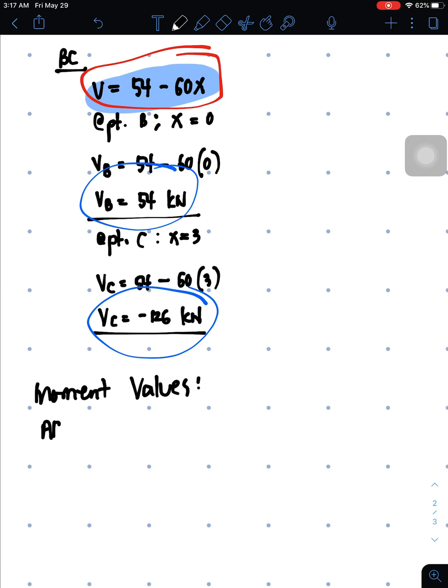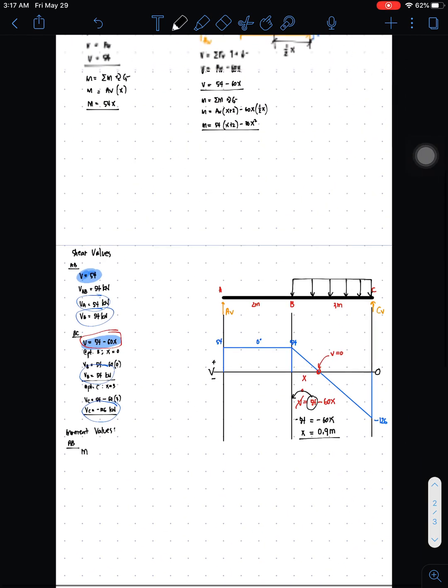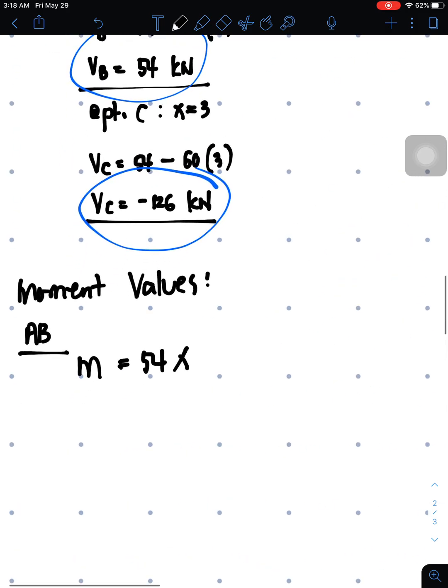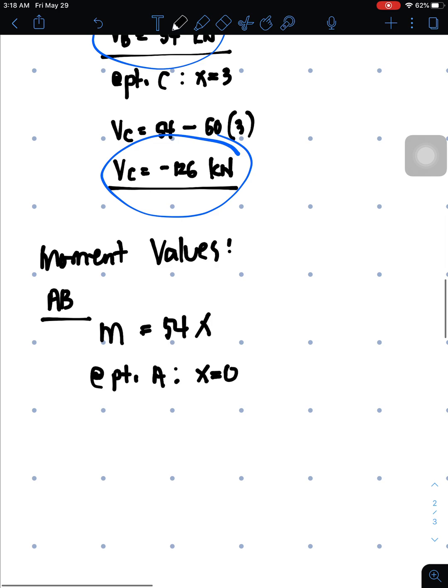So for moment values, let's start with AB. Our equation is 54 times x. So that is our equation. So at point A, again, x is 0.